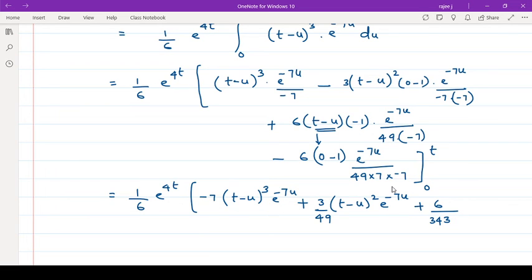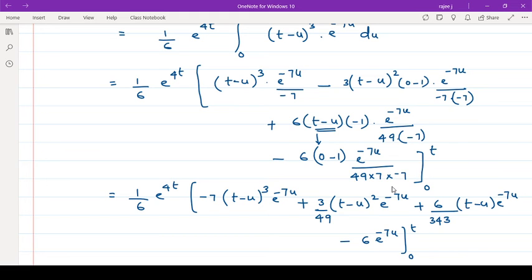Then again here this minus, minus becomes plus, then into (t minus u) e raised to minus 7u, and minus minus plus into minus minus 6 into e raised to minus 7u, and limit 0 to t.